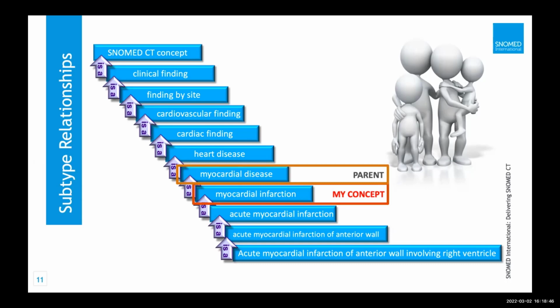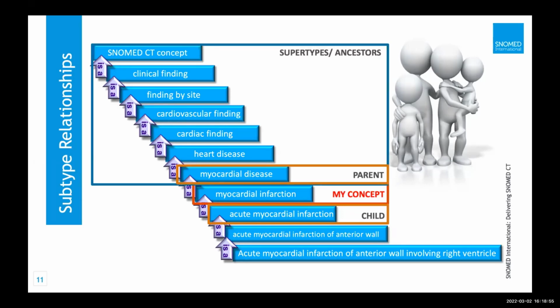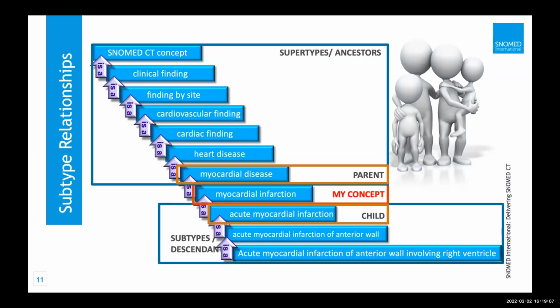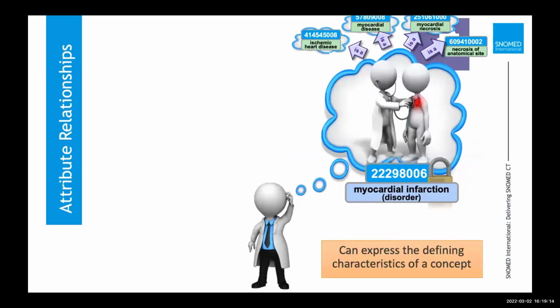And we call the concepts immediately below it in the hierarchy the children. So acute myocardial infarction is one of the children. If we look at all of the concepts in the hierarchy above our concept, we call them ancestors or supertypes of myocardial infarction. And all the concepts below our concept are called the descendants or subtypes of myocardial infarction.